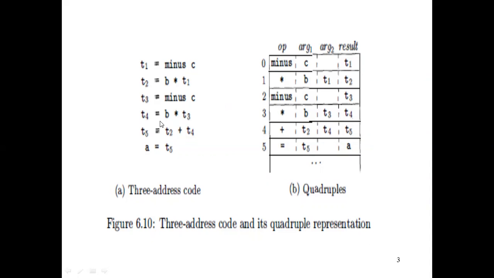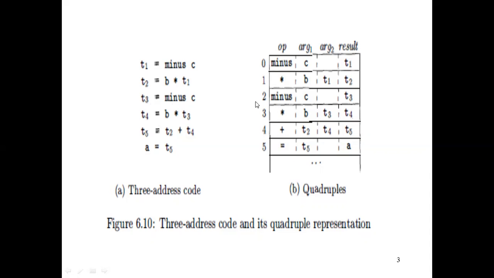Again, come to this line, line number 2, because we are starting the line from 0. If you start from 1, then this would be line number 3, but in the context of the compiler we started from 0, so this is line number 2. Now T3 is equal to minus C again.